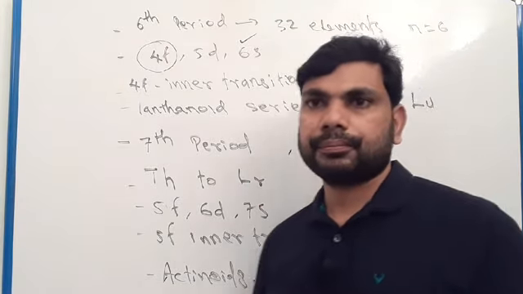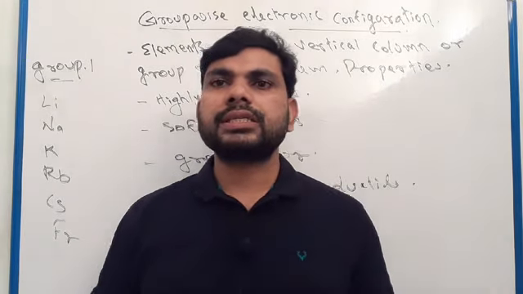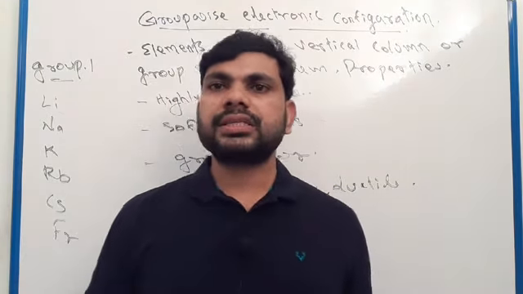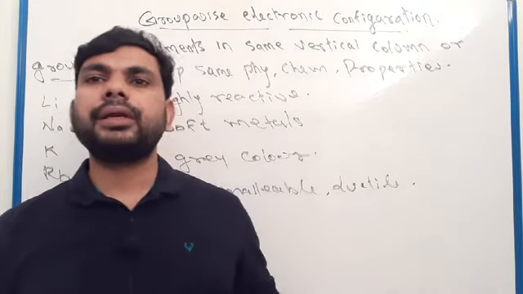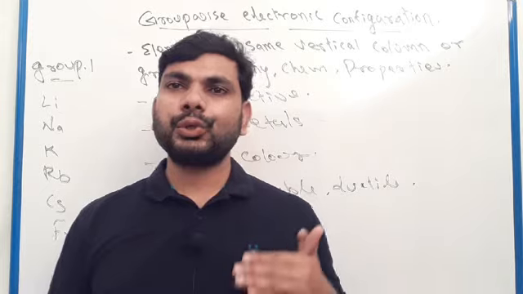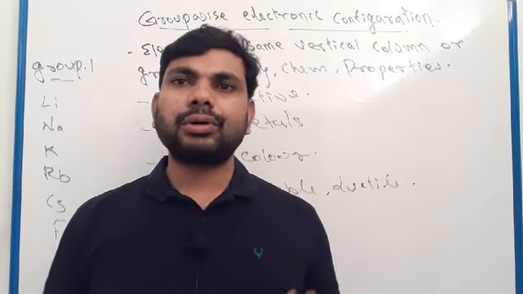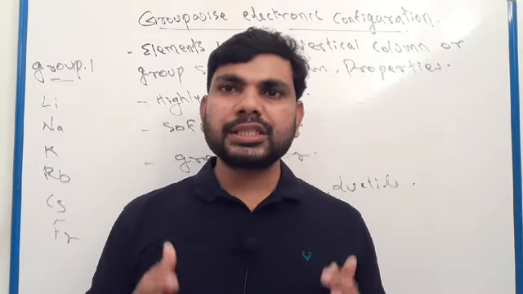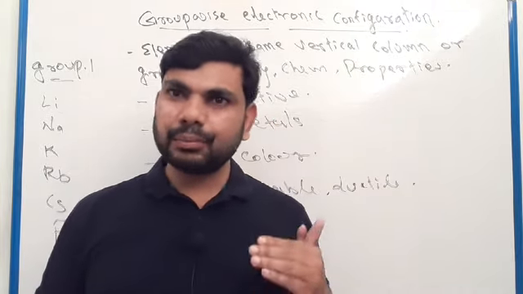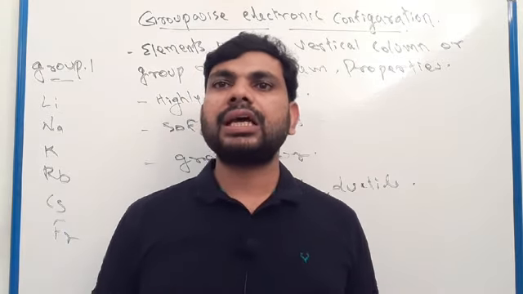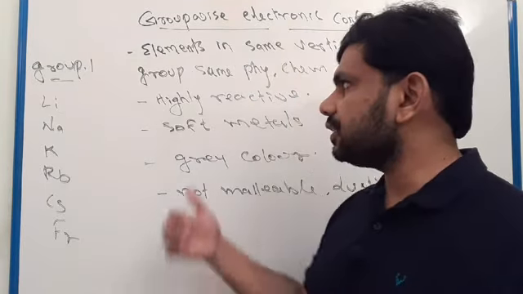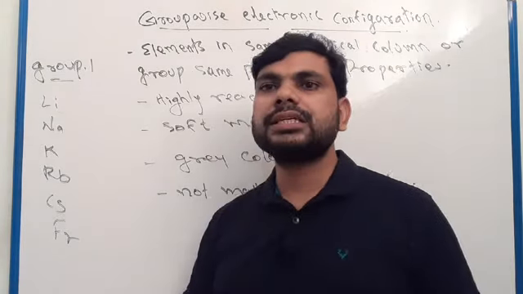Clear? Next we have to discuss group-wise electronic configuration. First we discussed electronic configuration and period. Next we discuss subshell electronic configuration and group-wise electronic configuration. Elements coming in the same vertical column, meaning the same group, have similar physical and chemical properties. For example, group 1 elements: lithium, sodium, potassium, rubidium, cesium, francium.